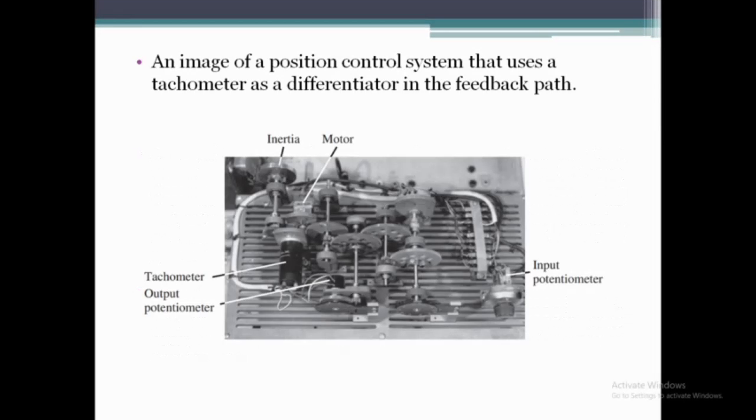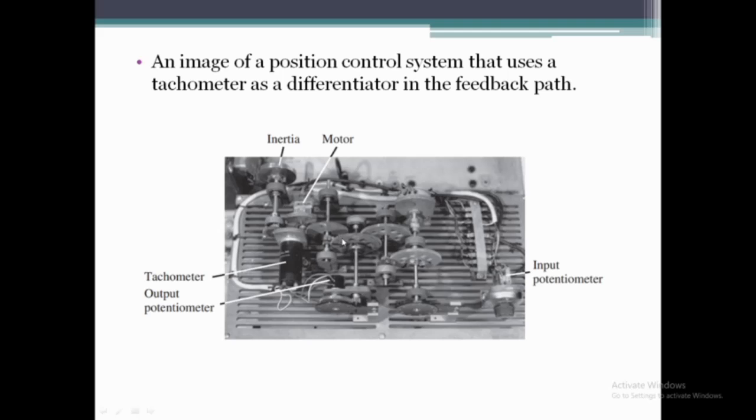Below is an image of a position control system that uses a tachometer as a differentiator in the feedback path. Here we can see the potentiometer, which is this part, connected to the motor and the output potentiometer by a set of gears, through this wire.